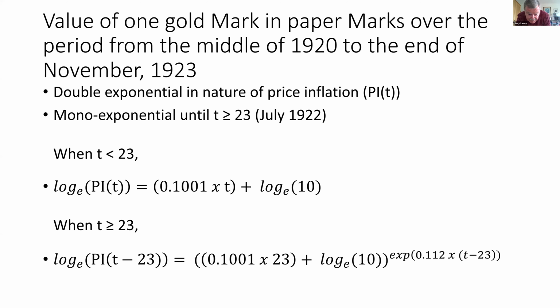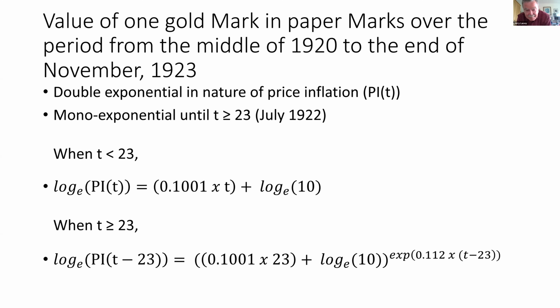But if you see what happens from July 1922 onwards, it just goes up double exponentially, okay? So the inflation goes up double exponentially. So it's a hyperinflationary process, which means that your paper money is becoming worthless. It means that you need wheelbarrow loads of money to buy a newspaper, to buy paper.